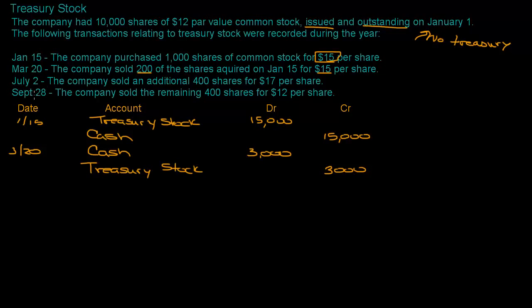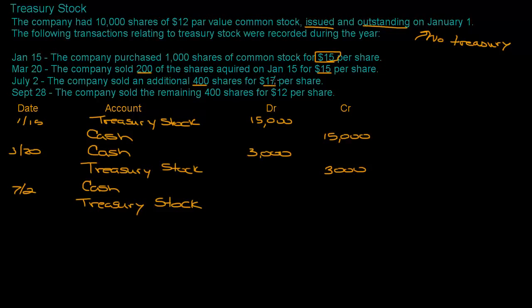So now let's look at July 2nd. So on 7/2, the company sold an additional 400 shares for $17 per share. Okay, so we know that cash is involved, and we also know that treasury stock is involved. So the company is going to sell 400 shares for $17 each. Let's figure out the cash amount first.